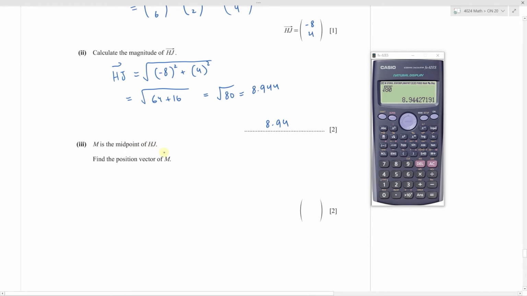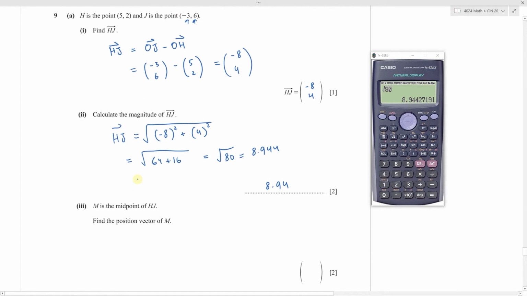M is the midpoint of HJ. Find the position vector of M. Since M is the midpoint, I'll first need to calculate the midpoint of HJ.